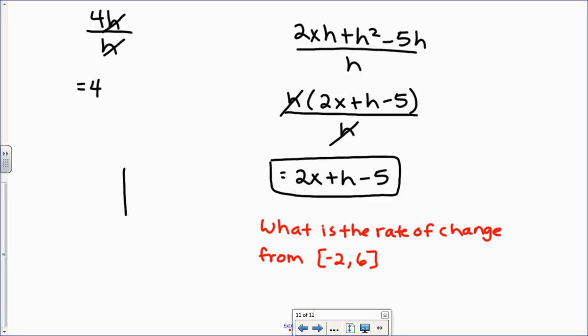I don't know exactly what this graph looks like, but let's say it's something like this. And I'm wanting to calculate from -2 to 6, what is that rate of change on the graph? So I'm wanting to know, okay, let's say here. So this is going to give me that slope. That's here. This is obviously not drawn to scale. This isn't the correct graph, but this is just giving you an idea of what it is that we found.